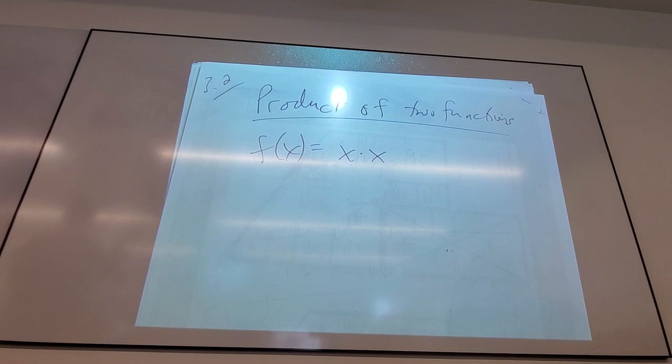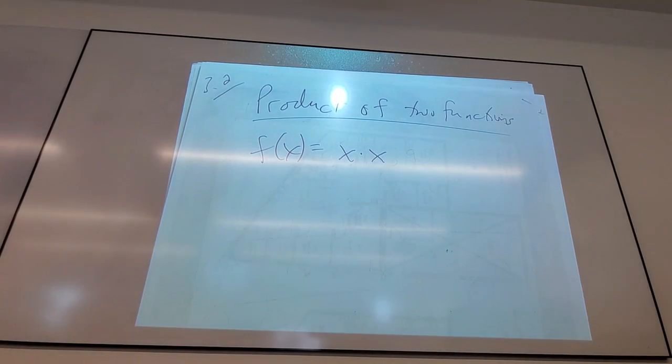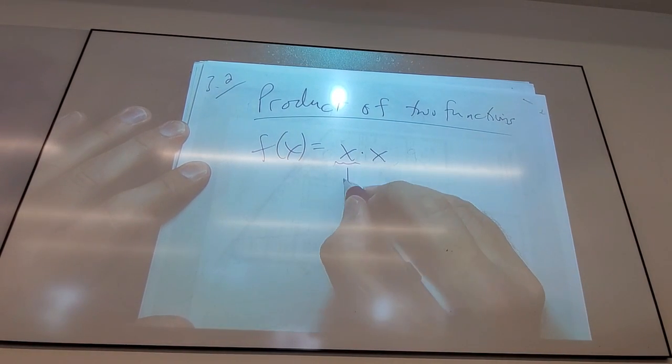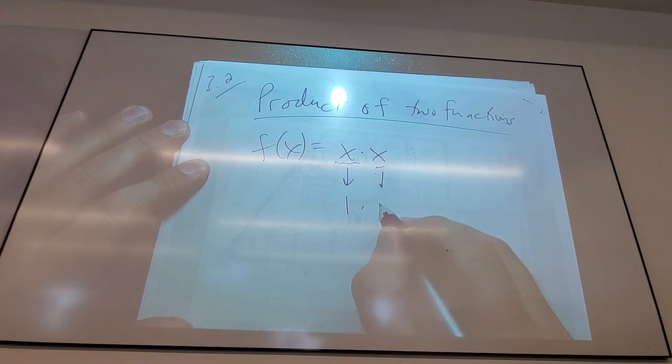So let's investigate this. One idea you could have is that maybe the product rule is a cool, chill dude. It's not. Maybe I could just take the derivative of each thing and multiply them together. If I think that's true, what's the derivative of this? 1. What's the derivative of this? 1. So if I think that's true, the answer should be 1.